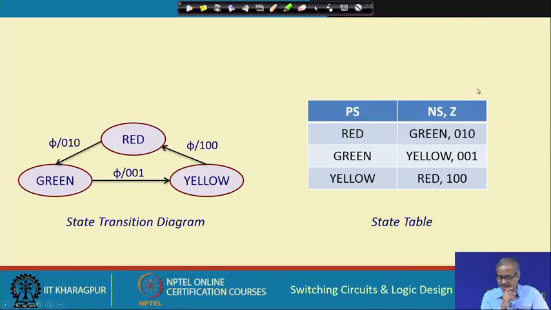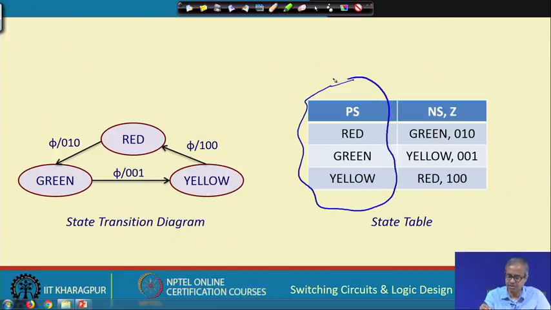So, talking about the state table, here this is a very simple problem. The state transition diagram is shown on the left. On the right side, I am showing the equivalent state table. So, broadly there are 2 columns, as I had shown in the example earlier. One is for the present state, the other is for the next state and outputs.